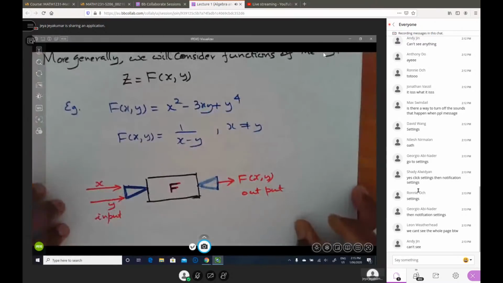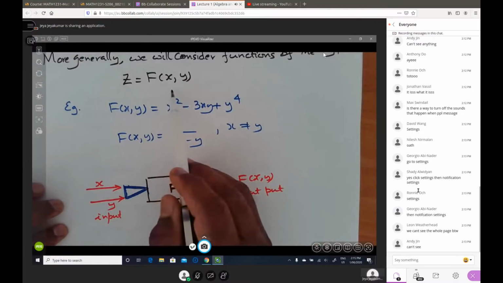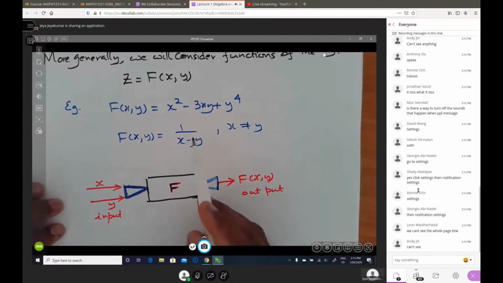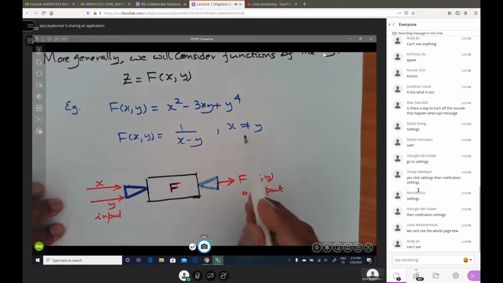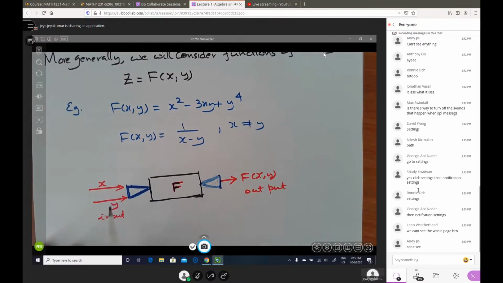More generally, we will consider functions of the type z equals f(x,y). For example, f(x,y) can be x squared minus 3xy plus y to the power 4. Or f(x,y) can be 1 over x minus y, where x is not equal to y. What happens here is you have input x and y, two variables, and you get the output f(x,y).